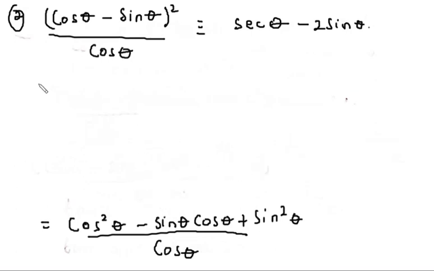Now we can pick sine square theta and cos square theta together, so that we have cos square theta plus sine square theta, minus 2 sine theta cos theta.